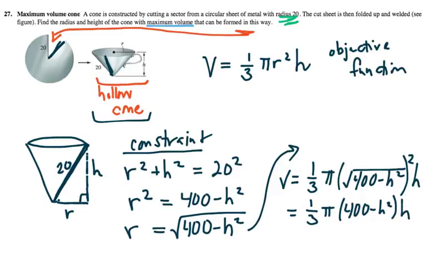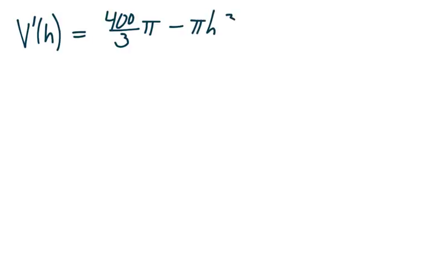Now we have an equation for volume, all in terms of one variable. Now I can start optimizing that equation. So I'm going to take the first derivative of the volume equation with respect to h. That's my next step. So V prime of h is equal to 400 over 3 pi minus pi times h squared.